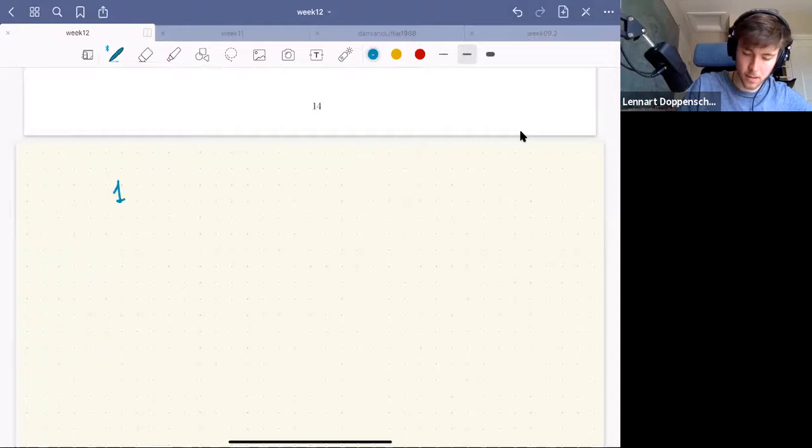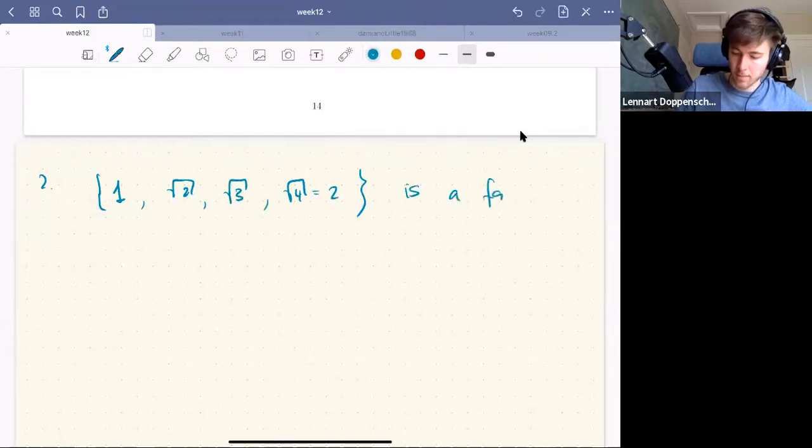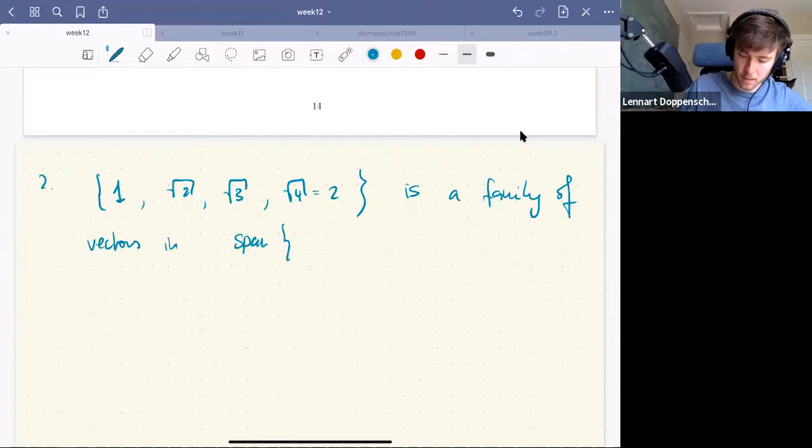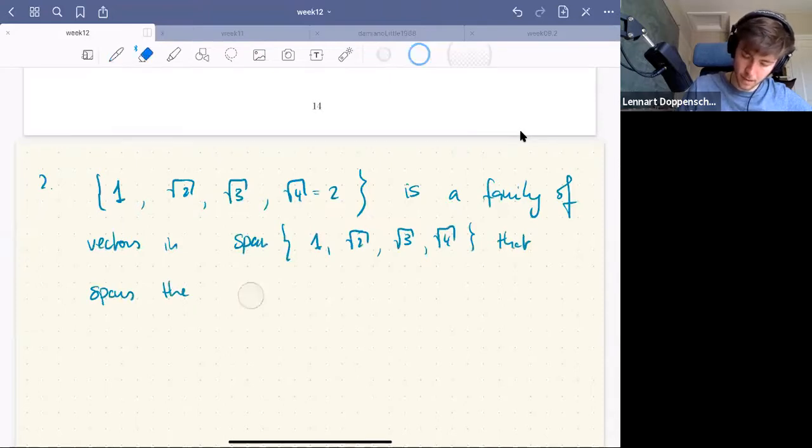So the family 1, square root 2, square root 3, square root 4, which is just 2, is a family of vectors in the span of 1, square root 2, square root 3, square root 4, that spans the space. Let me maybe just give this a name, U.